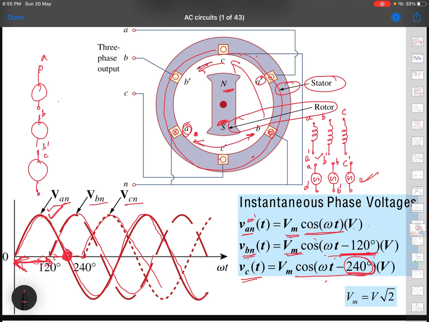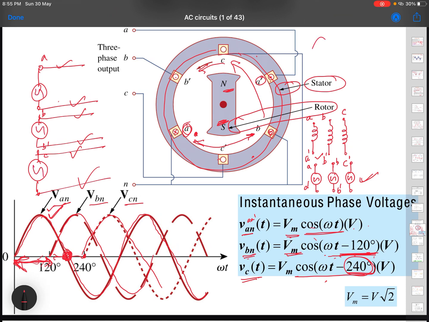If you want to transfer this EMF over a large distance, you have to transfer this one set, the other set, and the third set, so 6 conductors would be required. But we don't use 6 conductors. We intelligently try to do something with these voltage sources so that the minimum number of conductors is required for transferring this power to the loads.